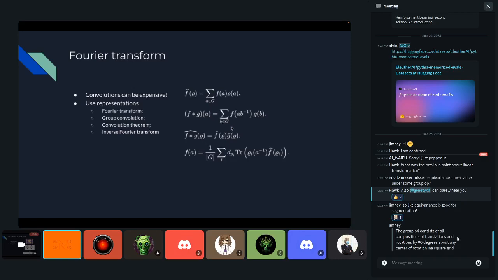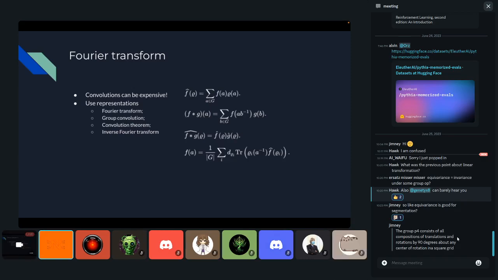So you can first take Fourier transforms, multiply them element-wise, which is less expensive than convolving, which is like n squared instead of n in the 1D case. And if we have all those things, we can compute group convolution more efficiently.